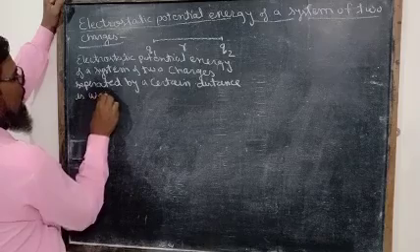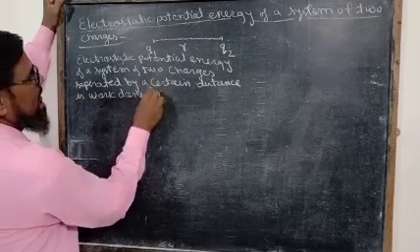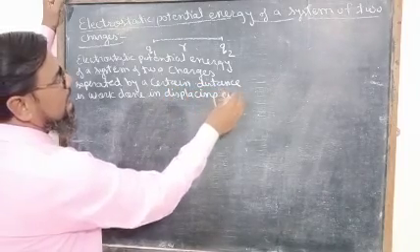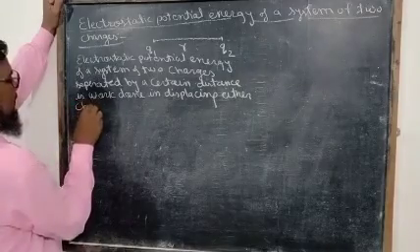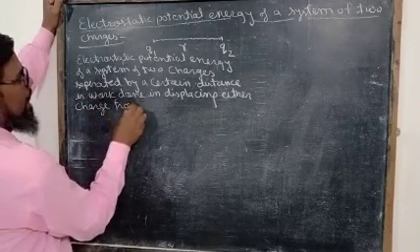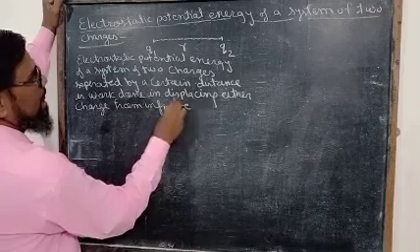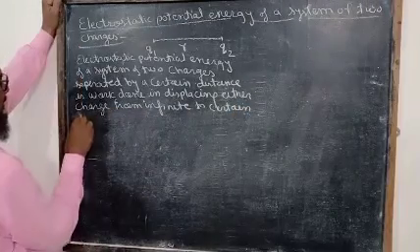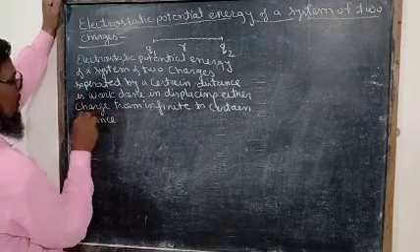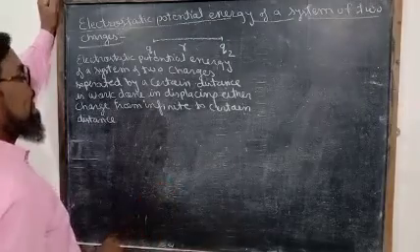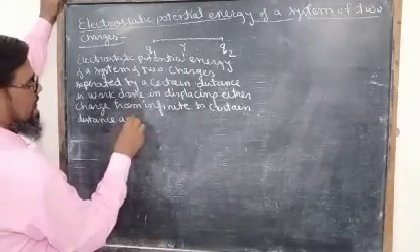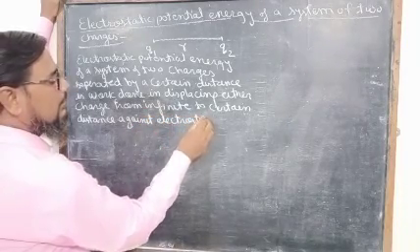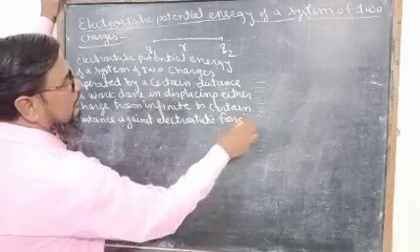The electrostatic potential energy of a system of two charges separated by a certain distance is the work done in displacing either charge from infinity to a certain distance against the electrostatic force.